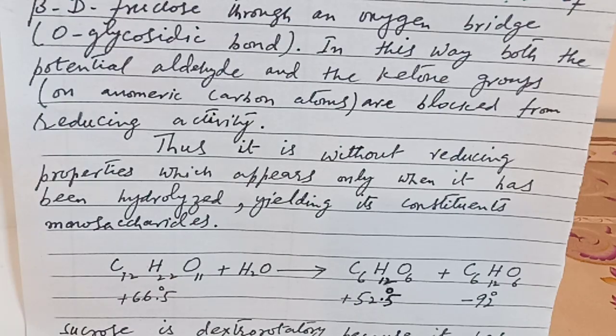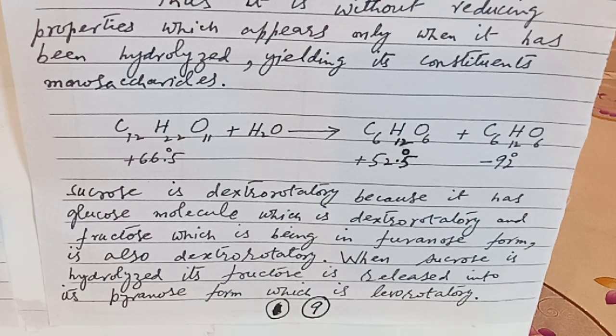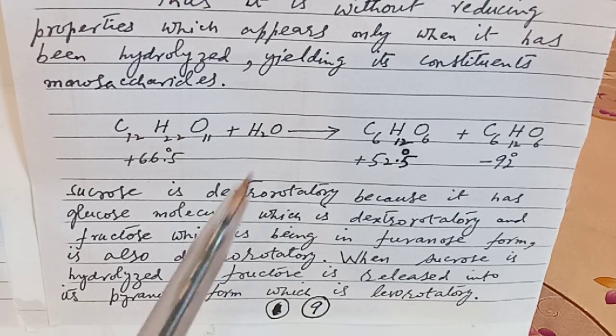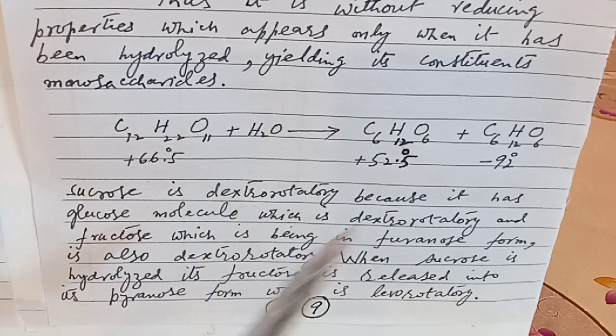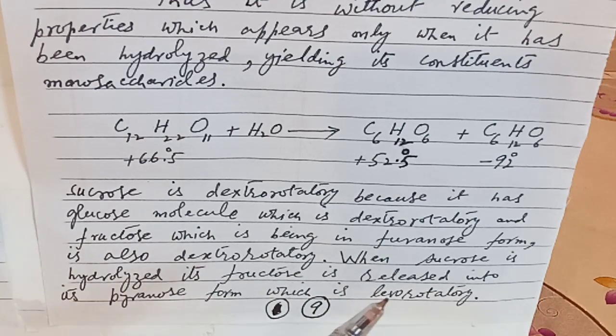Okay, so sucrose is dextrorotatory because it has a glucose molecule which is dextrorotatory, and fructose, being in furanose form, is also dextrorotatory. When sucrose is hydrolyzed, its fructose is released into its pyranose form, which is levorotatory.